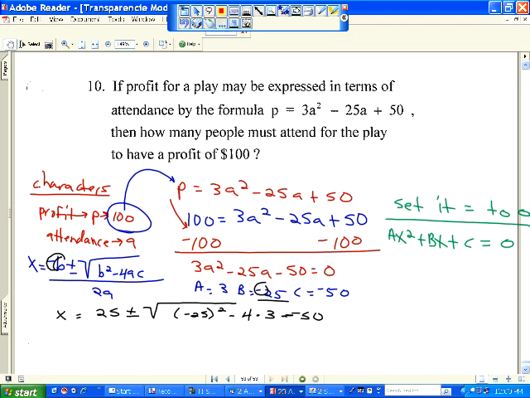That's a times sign, there we go. Times my c of negative 50, and my radical is still going. All over 2 times my a of 3, and that's a minus right there. We'll make it a little bigger. Let's say we got all of that. Now, if we were going to do this in the calculator, we would have to add parentheses.